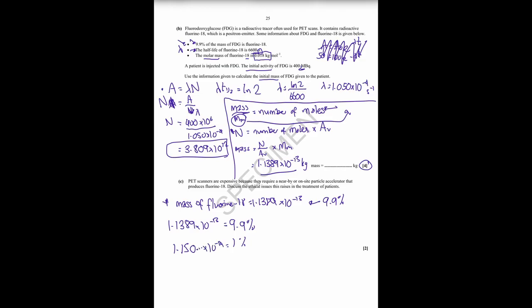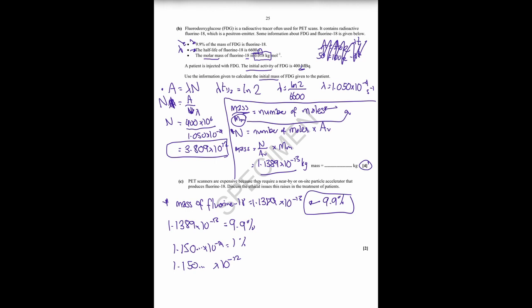Well, if that's 1%, I'll multiply that to get 100. So therefore 100% is going to be 1.150 blah blah blah times 10 to the minus 12. And that's what I'm looking for. If you were more confident with maths and you just did that division first and just said, oh, I know that it's got to be divided by 0.099, that would be the same answer. But it's just another way that you can do it if you are not that confident with your maths.